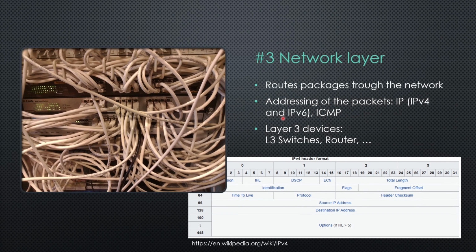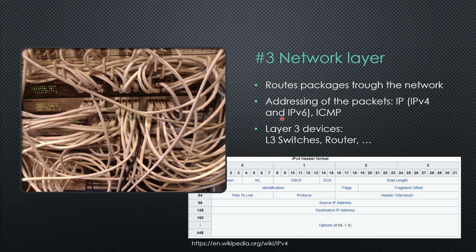Next layer in the stack is the network layer. The network layer is used to route packages through the network. So last video, routing, this is basically where routing happens, layer 3. So basically what you can do with layer 3, the network layer, is address packets. This is done by IPv4 and IPv6, or also by other protocols like ICMP.